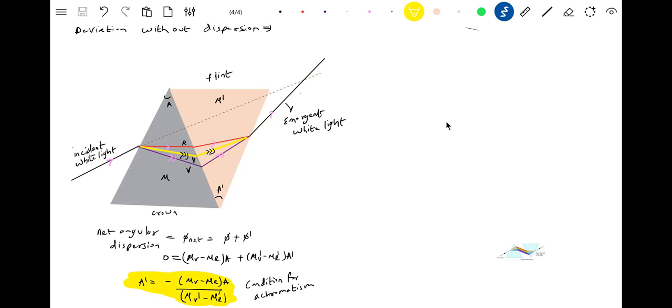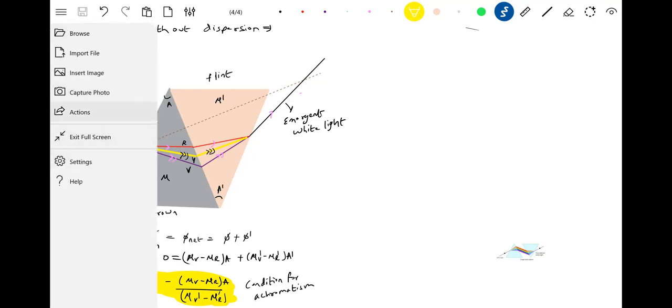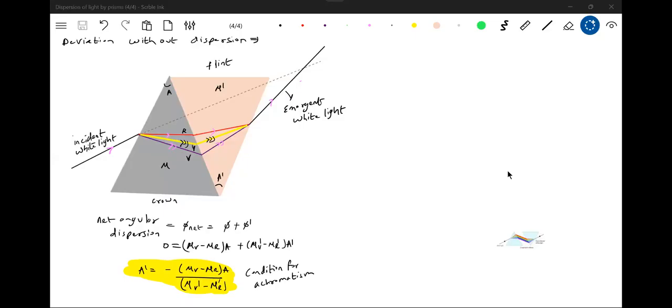What about the dispersive powers? How will they be related to this? Okay, now I'll bring one more condition. How dispersive powers and deviations are related. So from this equation, we know mu v minus mu r.